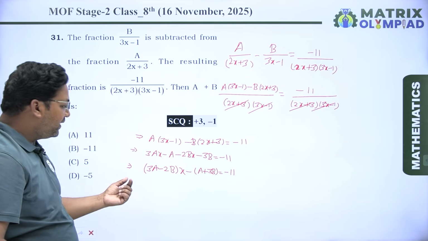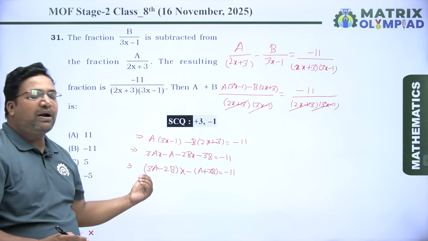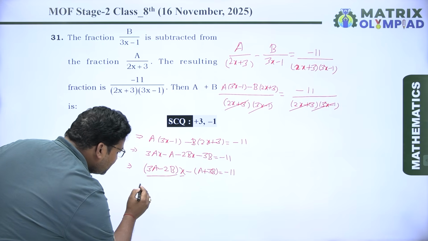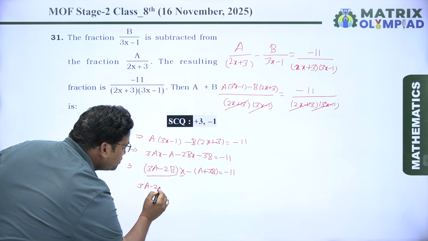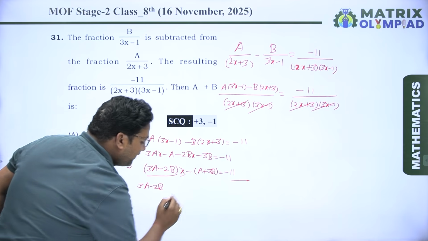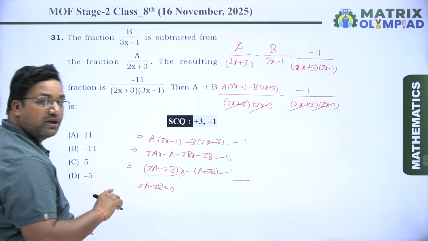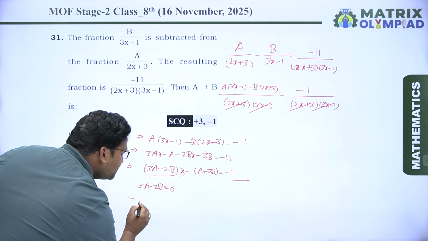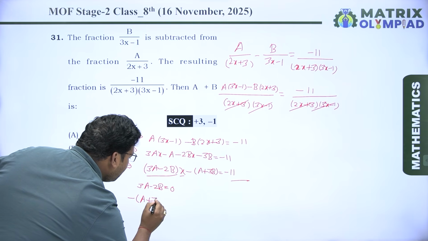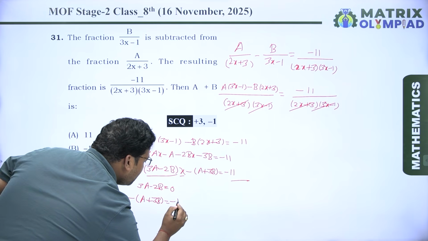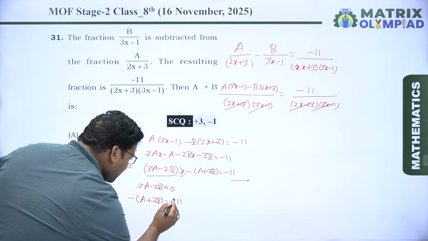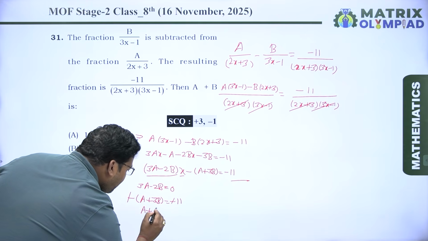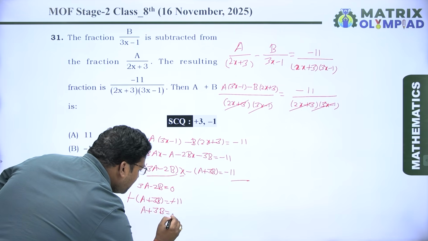Now we have to compare the left hand side part and right hand side part. Here you can see the coefficient of x is 3a minus 2b and here the coefficient of x is 0, so 3a minus 2b equal to 0. Similarly here the constant term is minus a plus 3b and here the constant term is minus 11. So here you can see minus and minus are cancelled out, so this equation becomes a plus 3b equal to 11.